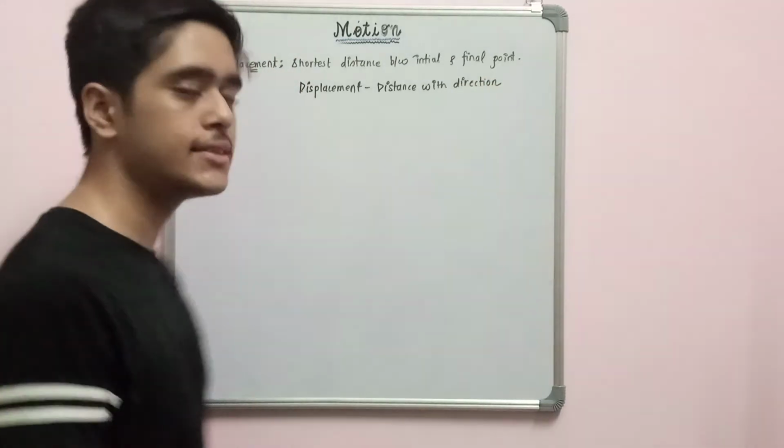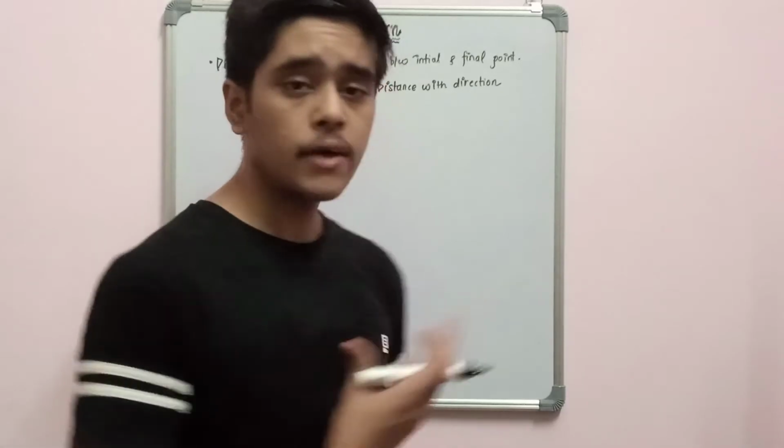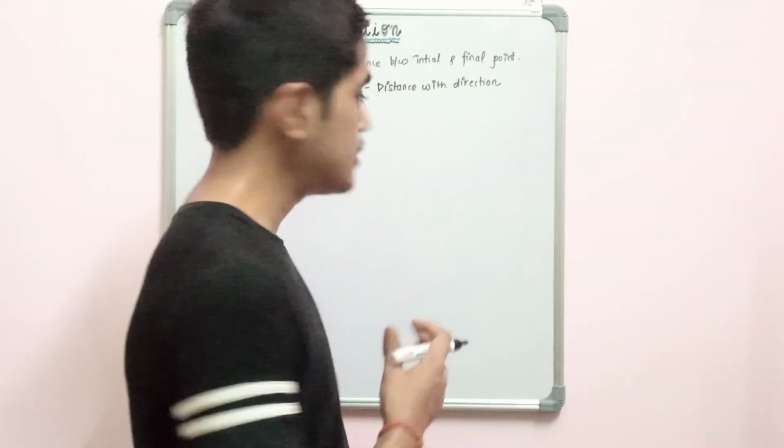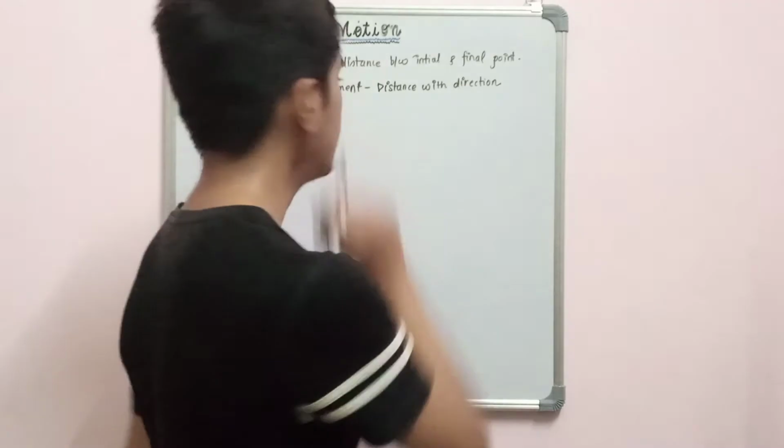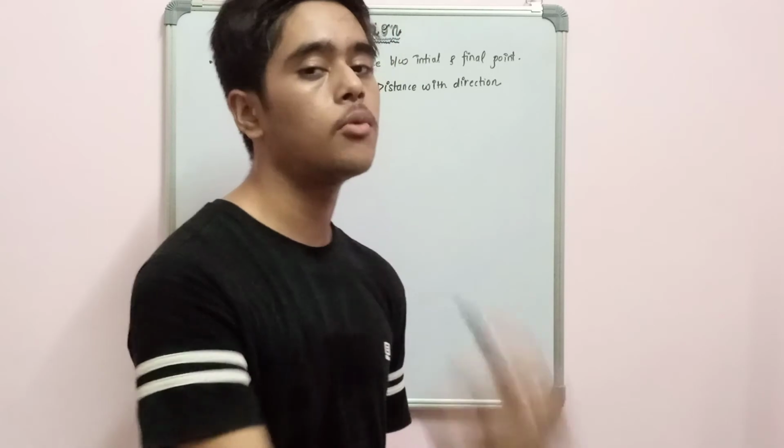For example, if I say I am walking 6 meters towards west, 6 meters towards north, 6 meters towards south, what is that? That signifies distance with direction. So that is displacement. The advantage of displacement is that it tells you the direction in which the body is moving. It helps us to analyze real life situations.